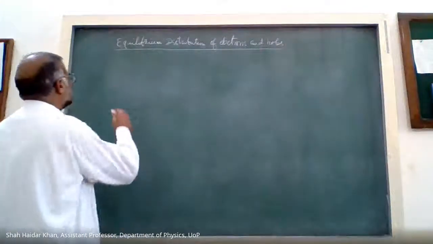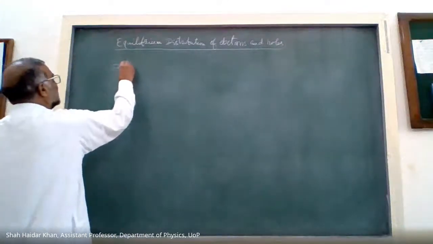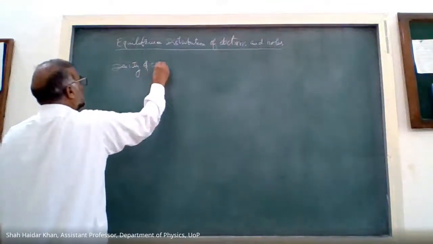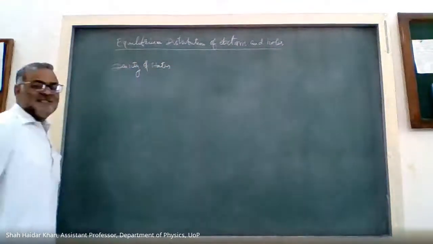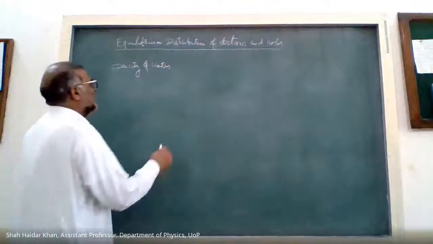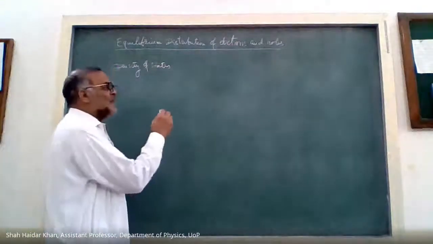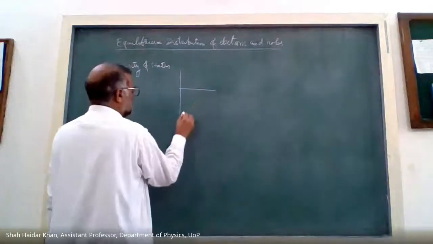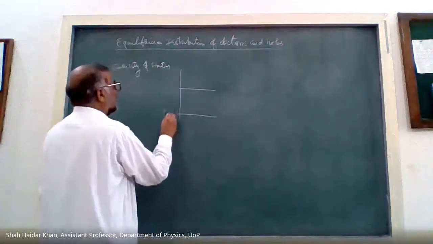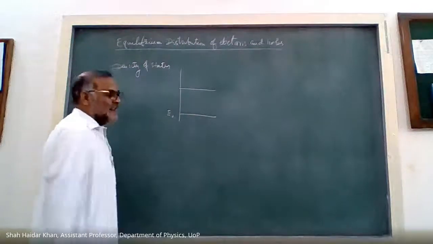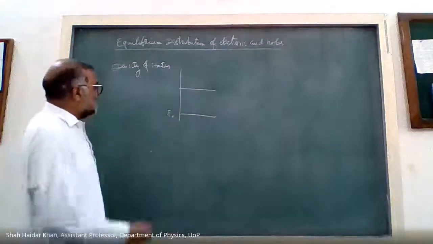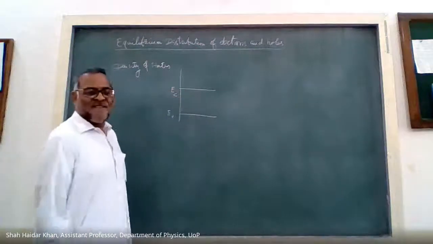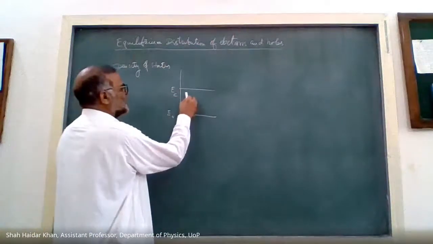So we said last time, the density of states in the conduction and valence band, right? If this is the valence band and then this is the conduction band, there will be no states here.